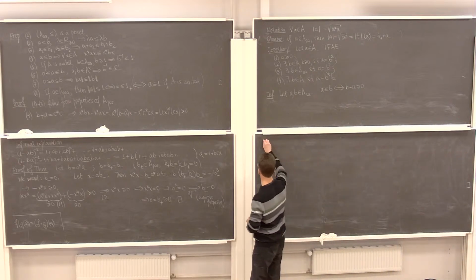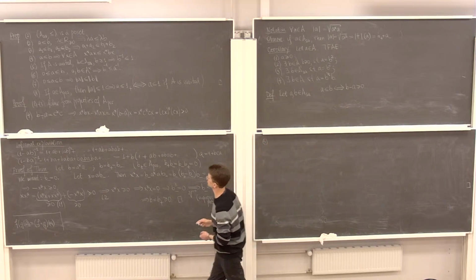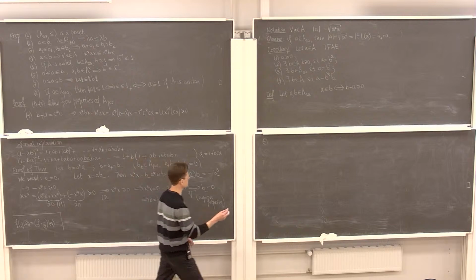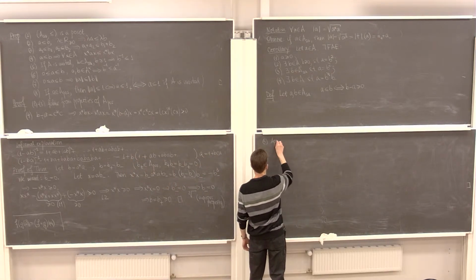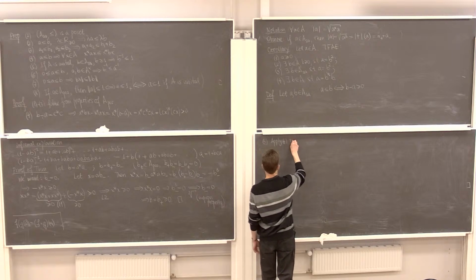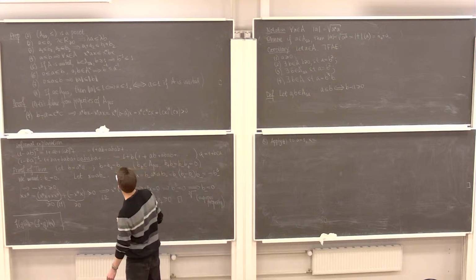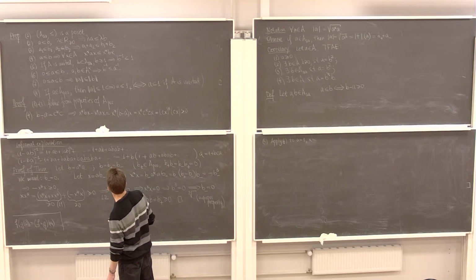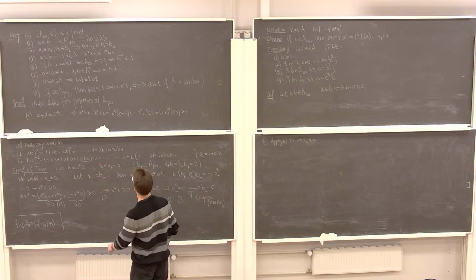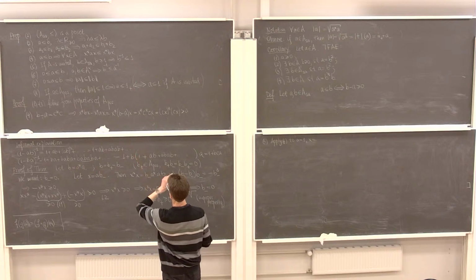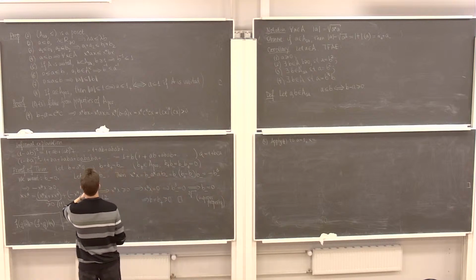To prove part 5, it is convenient to just apply part 4 in the case where a equals 1 and x equals b to the power minus 1/2, if I'm not mistaken. Just a moment.